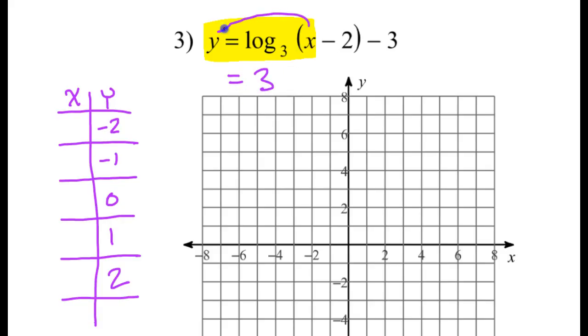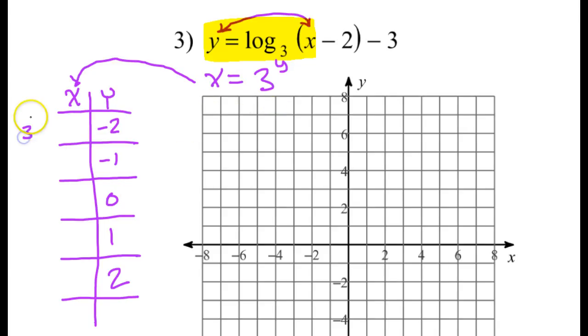The x and the y are going to switch sides. So the x will come over here and the y will come over here as the power. So this version of the parent function will give me the x values. x is equal to 3 to the y power.